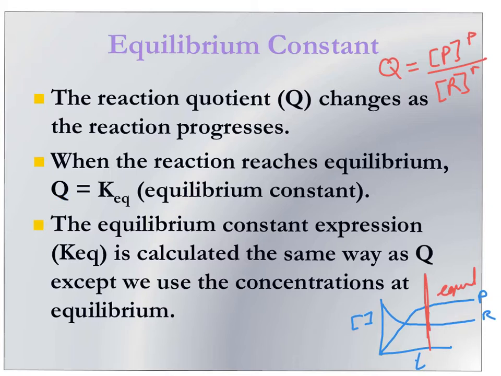So the equilibrium constant is the reaction quotient at equilibrium. So if I ask you, instead of to give me the expression for Q, what if I tell you give me the expression for KEQ? Well, it's the same thing. The only difference is you plug in the concentrations at equilibrium as opposed to any other time in the reaction.